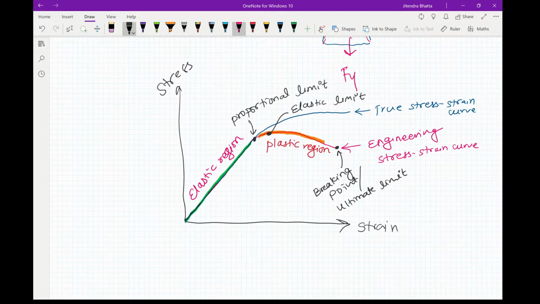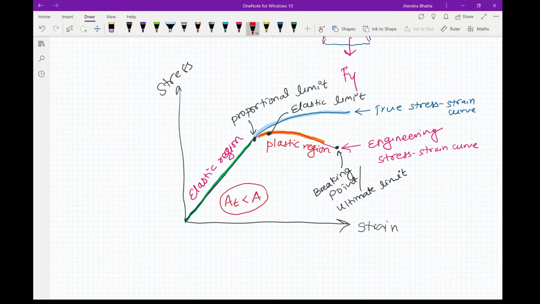The reason why the true stress strain curve lies above the engineering curve is because of the reduced area, as we know that our true area would be less than the constant area we assume for the engineering stress strain curve.